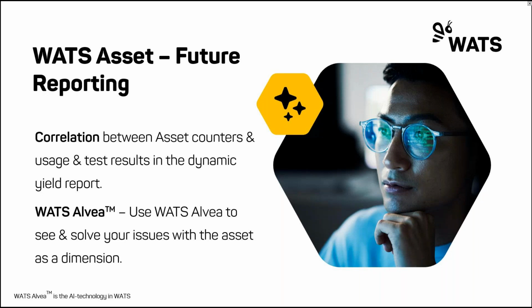Today we can use a lot of different dimensions from the header information in your test records, but currently not assets. So I hope these are features that will be valuable moving forward and give more of you interest in using assets in WATS as well.